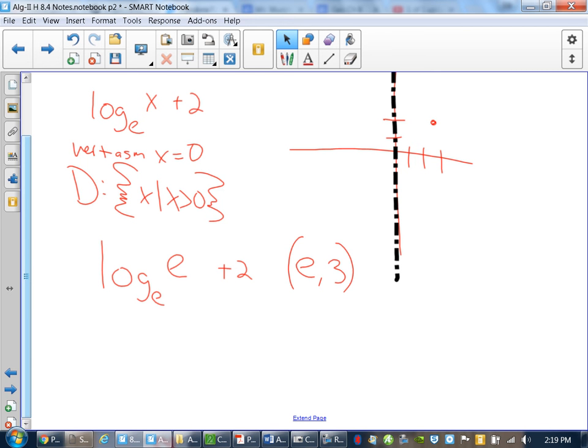I'm going to pick 1. What's log base e of 1? 0. So what's 0 plus 2?